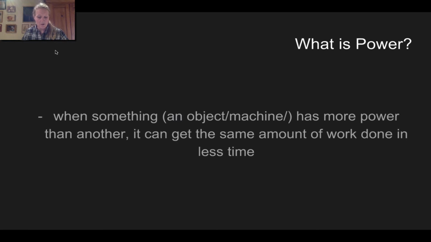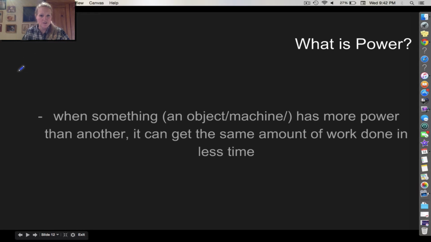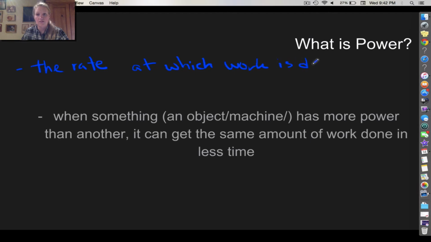To switch over to power, okay, the definition of power is a little tricky to get. It's the rate at which work is done. I was trying to find something where I didn't have to use the new term that you did, and I couldn't. So the rate at which work is done, okay?